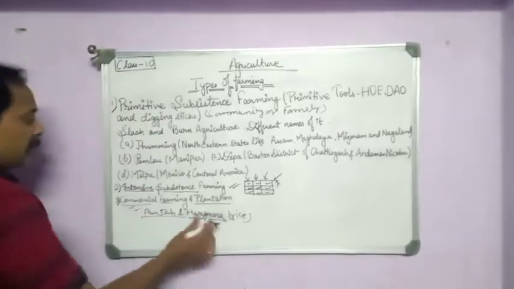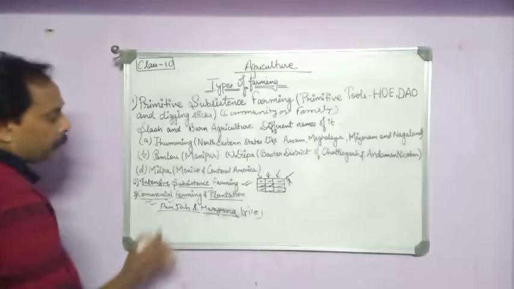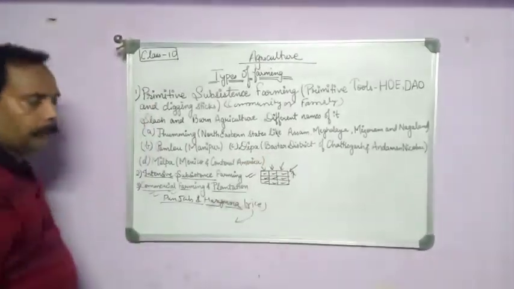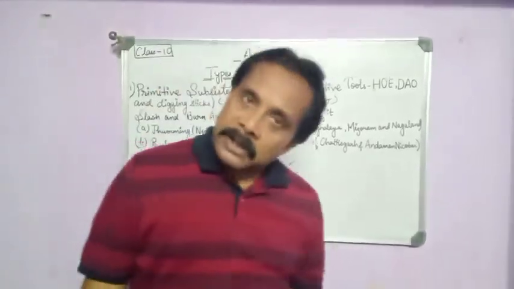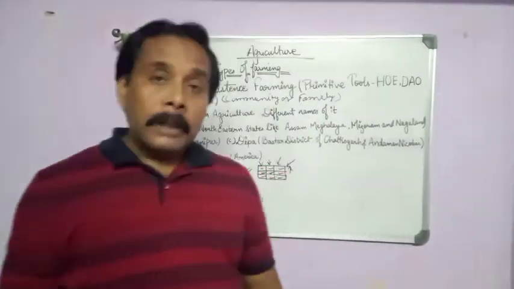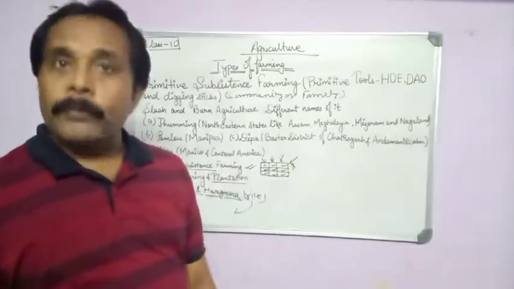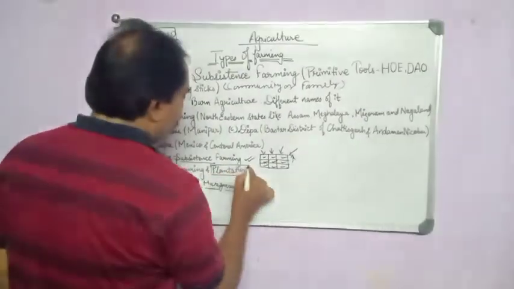So rice is produced in Punjab and Haryana for commercial purpose, but if the same rice is being produced in Orissa, then it is known as subsistence, because the people of Orissa produce the rice for survival of their own life.